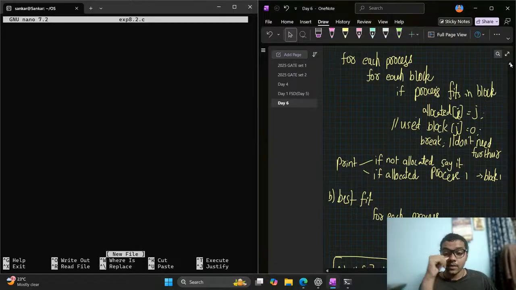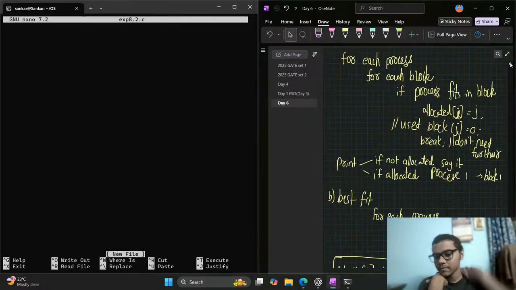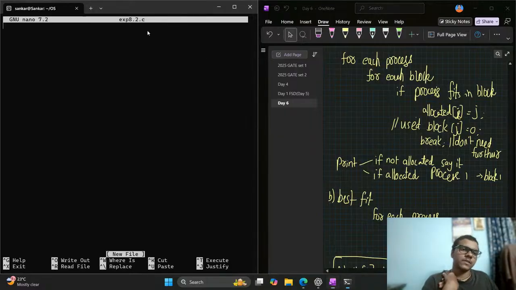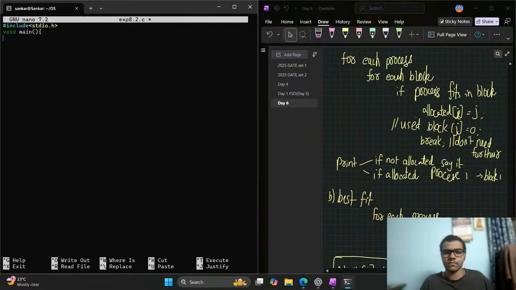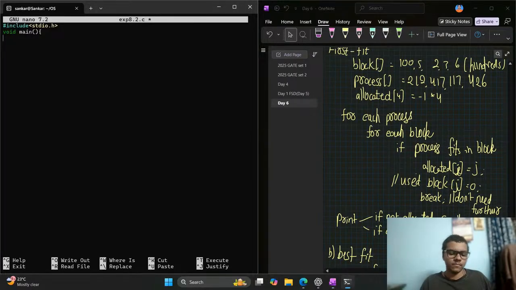If it is fitted, it will be allocated. Best fit, right? I got 5 blocks of memory again.